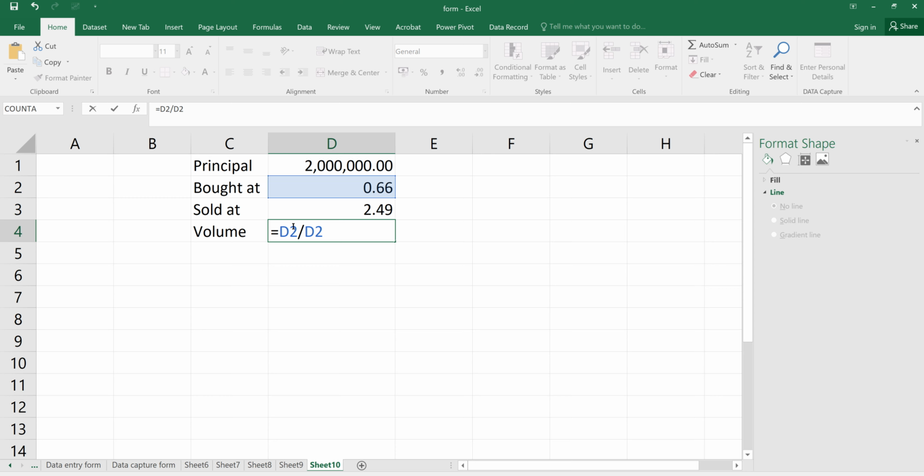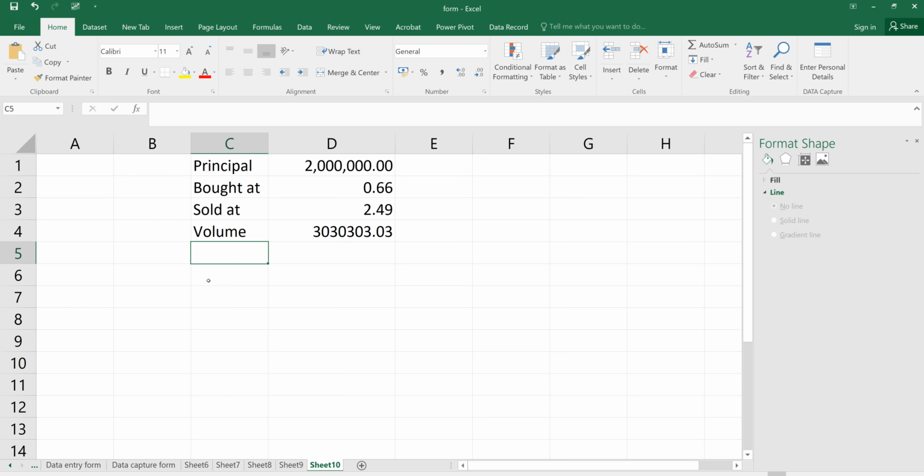You are gonna get the number of units when you buy it. Then you calculate the terminal value when sold at this value.